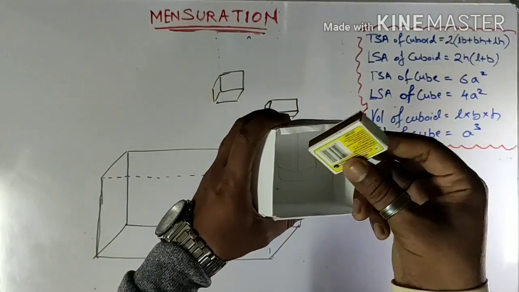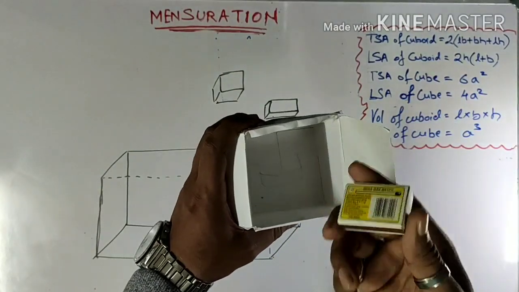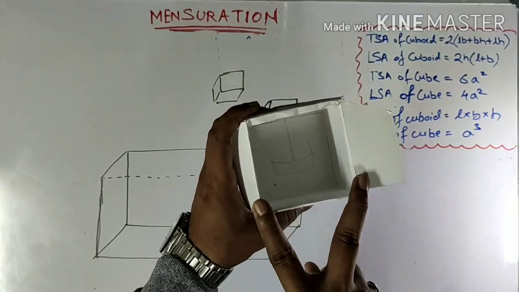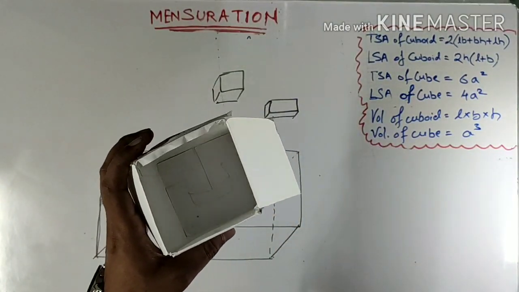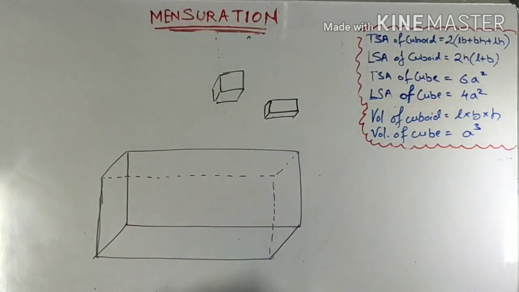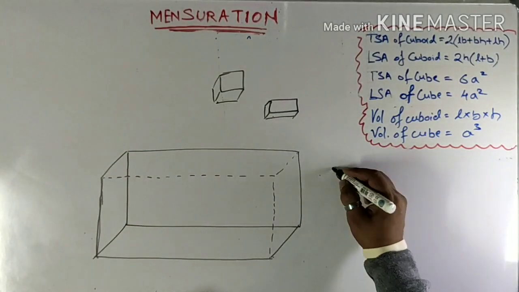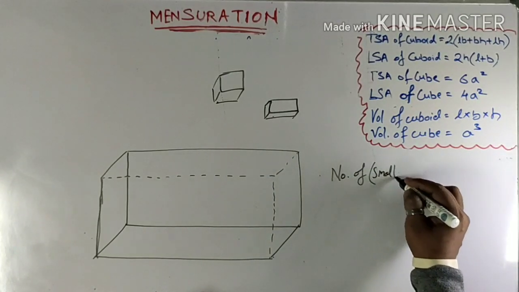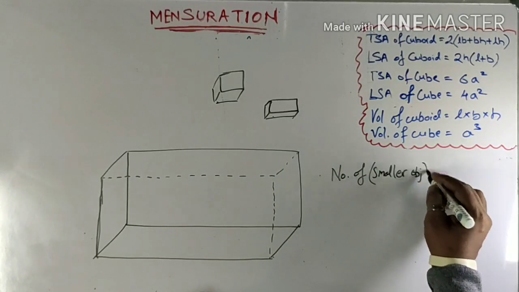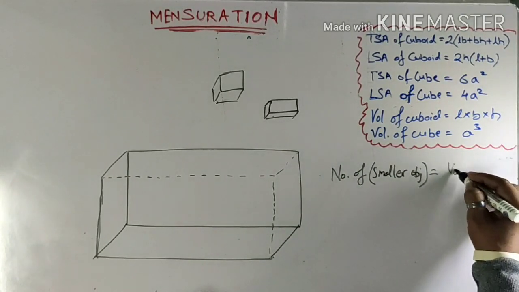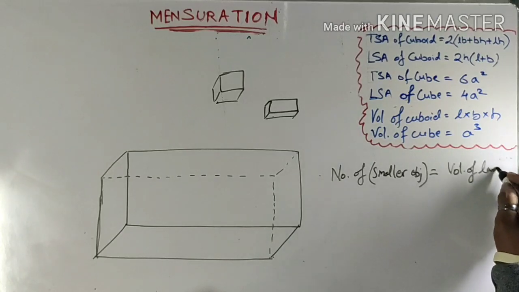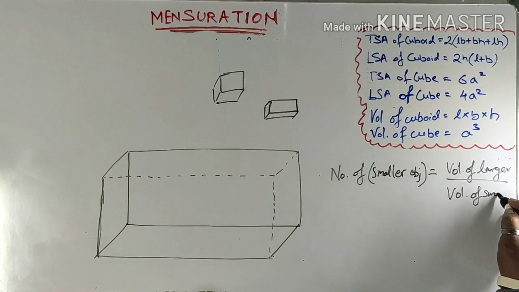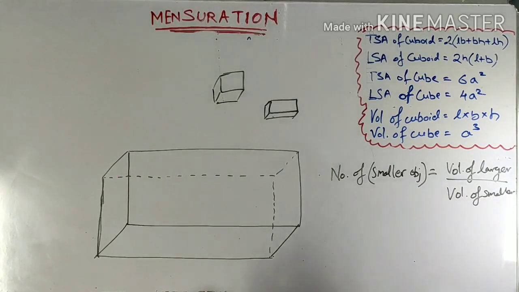To find the number of small cuboids that will fit into this cube, I'll have to use again the formula that I used in the previous one, that is number of smaller objects. Always remember, number of smaller objects is equal to volume of larger object upon volume of smaller object. Always remember this formula.